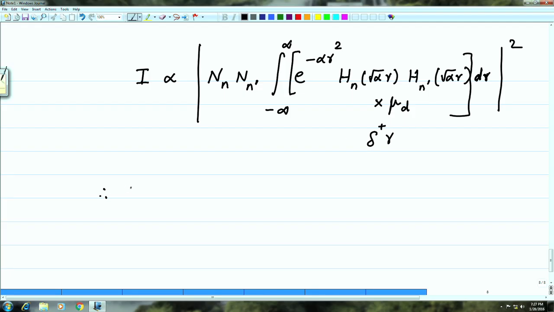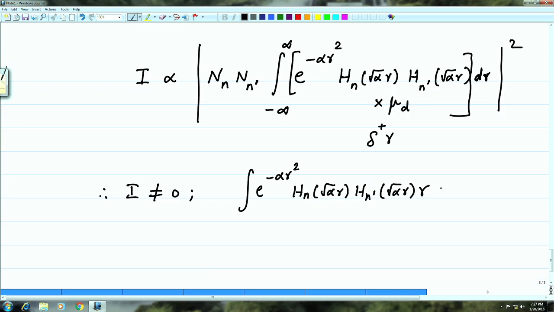Therefore, for I to be non-zero, this integral, namely the integral of e to the minus alpha r square H n root alpha r H n prime root alpha r dr from minus infinity to plus infinity, should be finite, should be greater than 0.